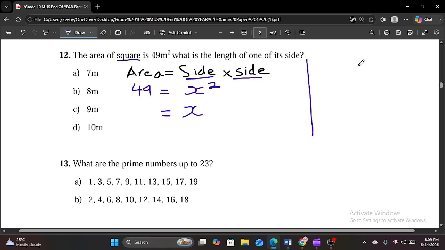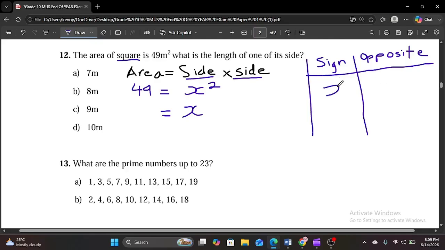So let me draw the table right there, and I put the sign and the opposite of the sign. All right, so the opposite of squared is square root.